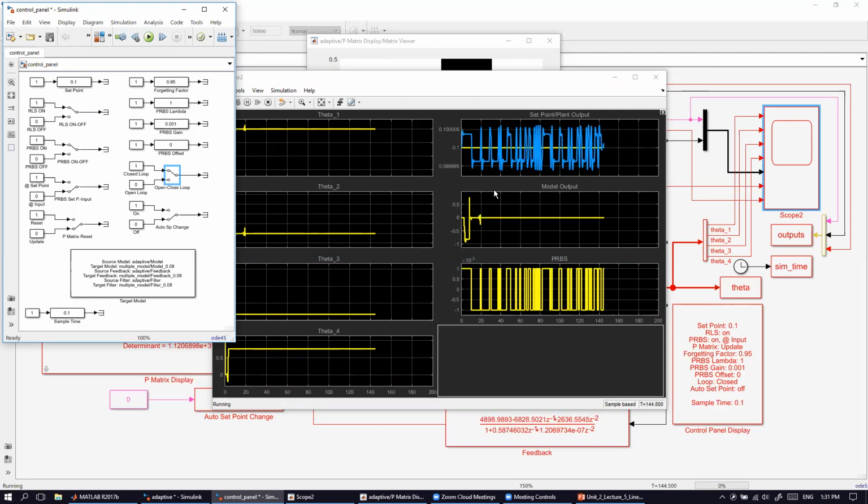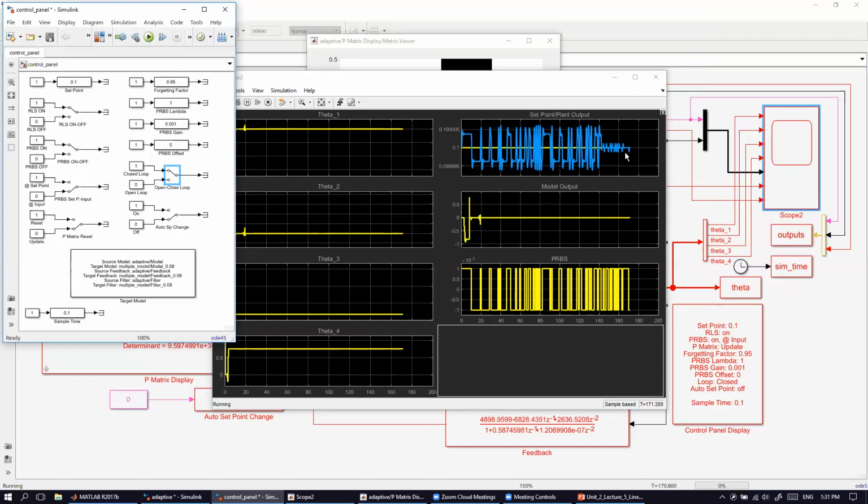Okay, and now what we see is the output of the plant is actually following the set point, and the response to the excitation is smaller. Now what I could do is look at the constant controller tuning.